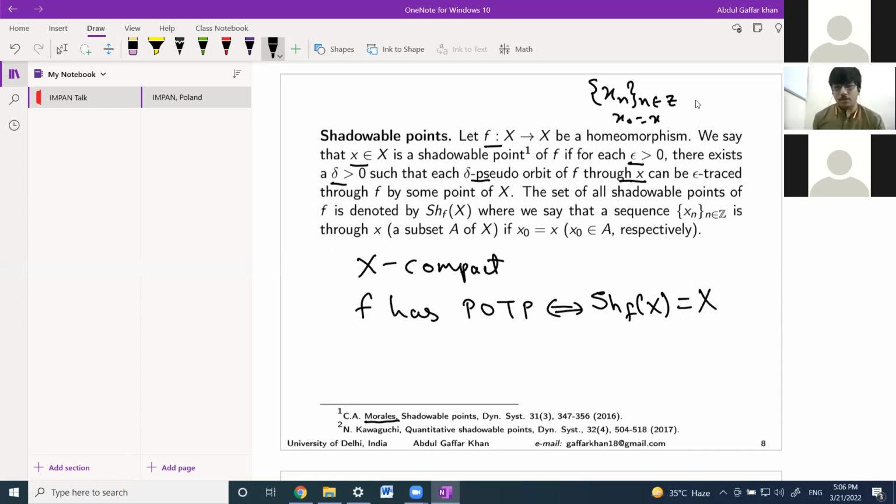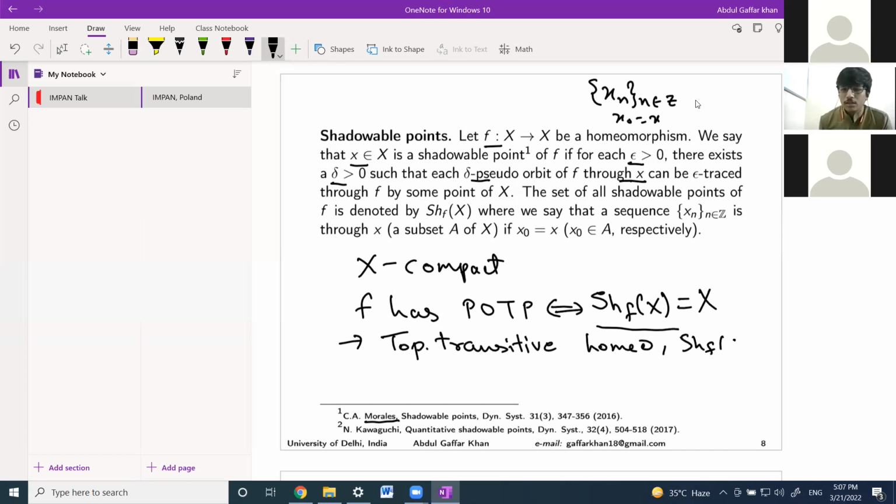He concluded his paper with a question: can we have a topologically transitive homeomorphism, provided X is compact, so that the set of all shadowable points is non-empty and non-compact?